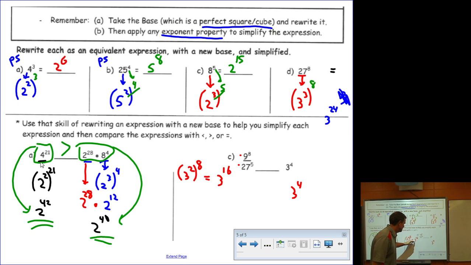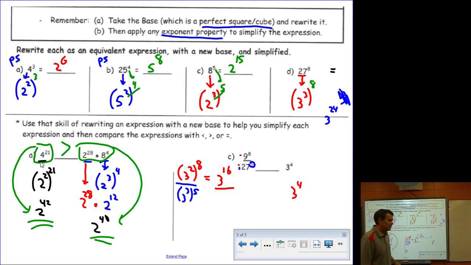over the 27. 27 is actually a perfect cube, so it can be rewritten as 3 to the 3rd power. But of course, it was to the 5th power.